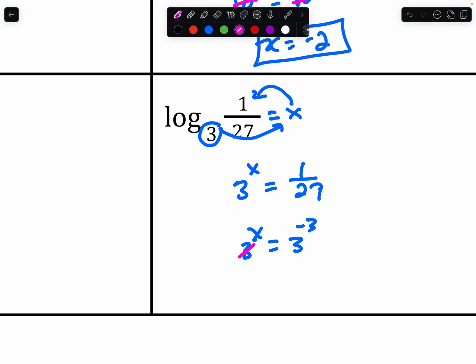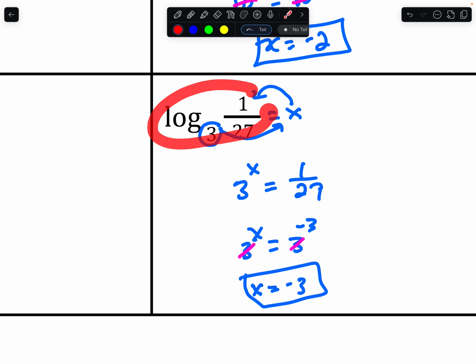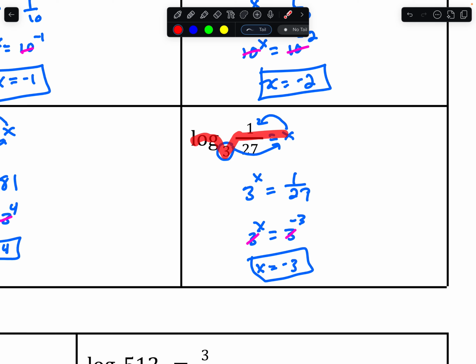Now we have a common base, so we know that x equals negative 3. Now remember, this is just a number. Log base 3 of 1 over 27 is negative 3.